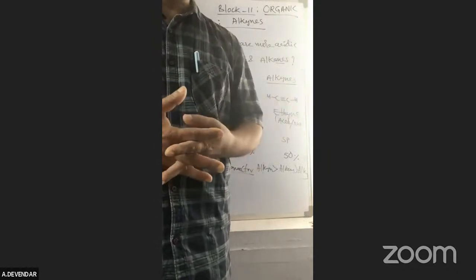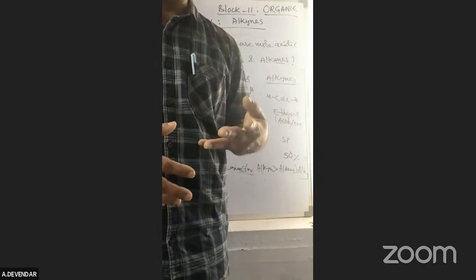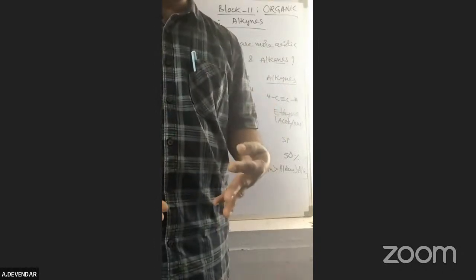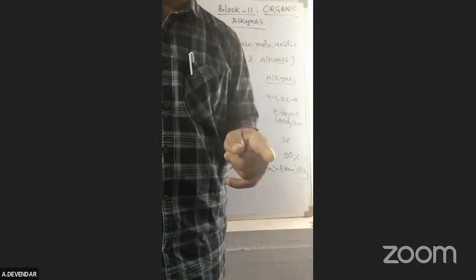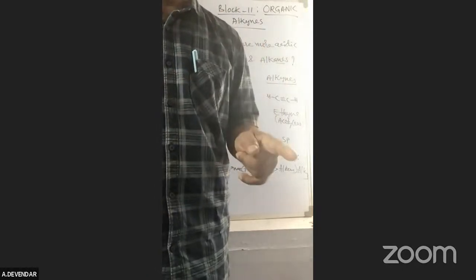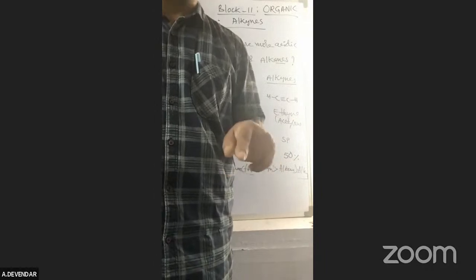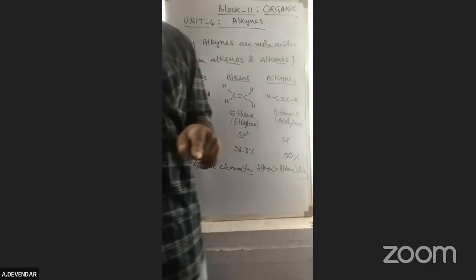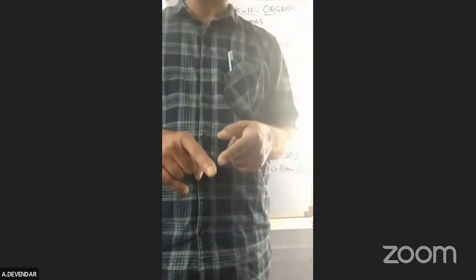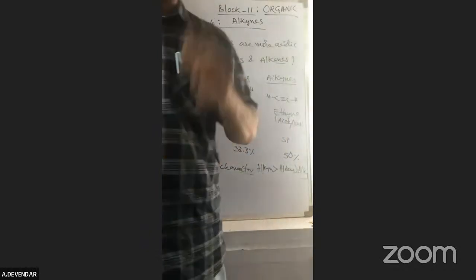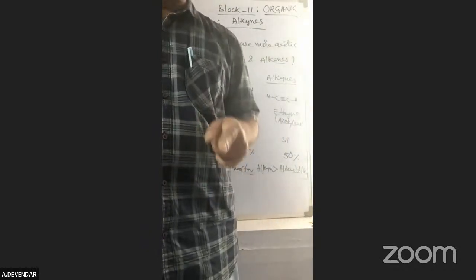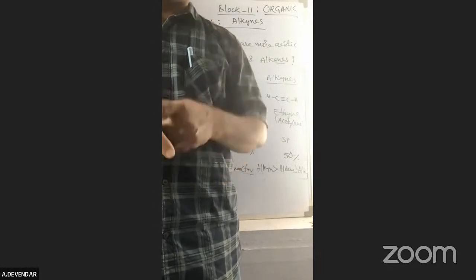But in 1834, Mitscherlich, one more scientist, proposed the name. Faraday discovered benzene but did not propose the name. Mitscherlich proposed the name benzene in 1834 and also derived the molecular formula C6H6, which you use today.